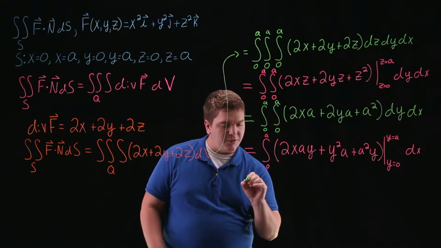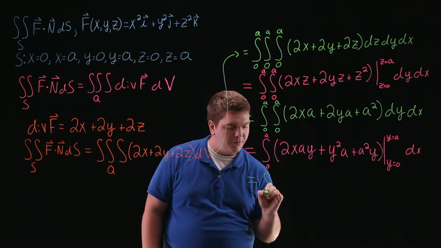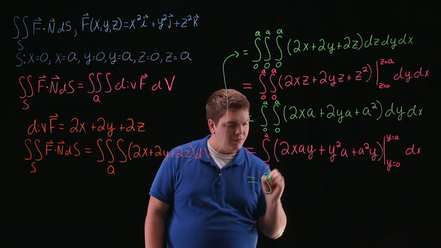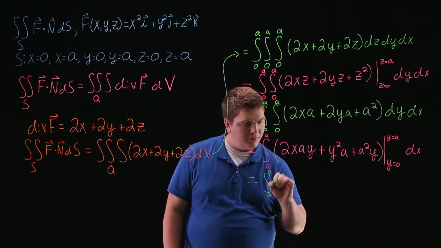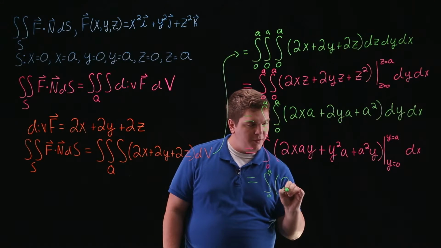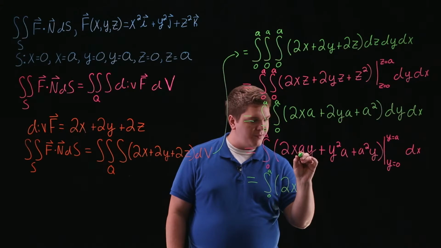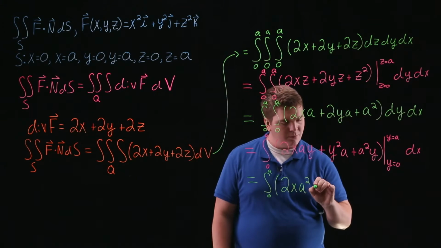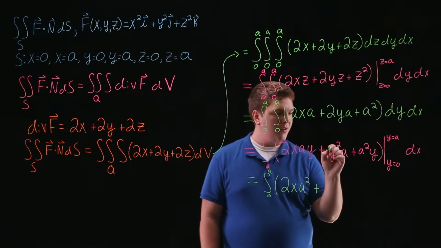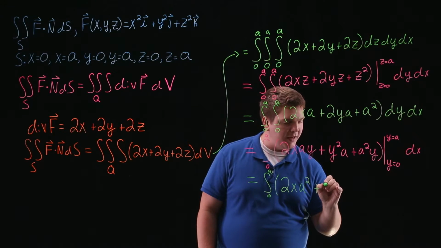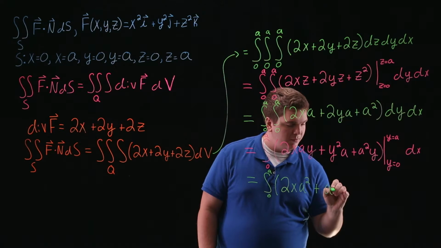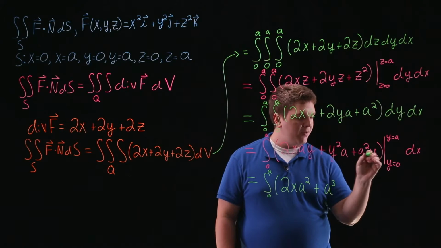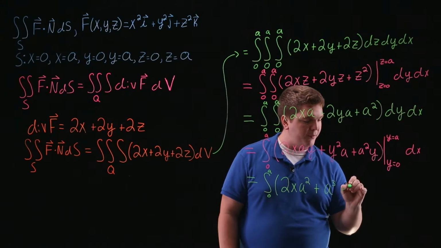So this is equal to the integral from 0 to a of 2x times a squared, plus a squared times a, which is a cubed, plus a squared times a, which is another a cubed.